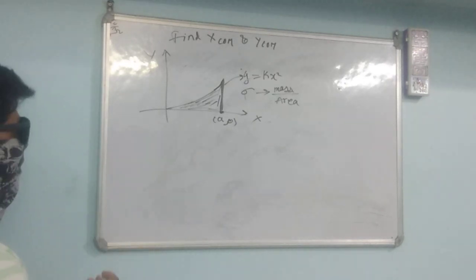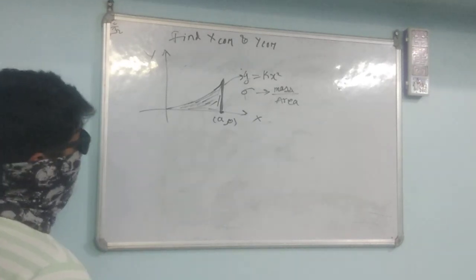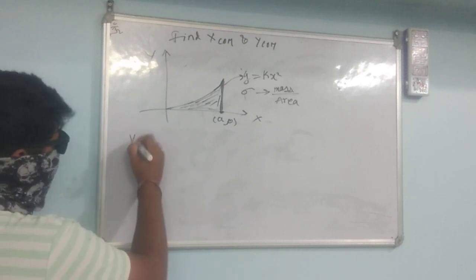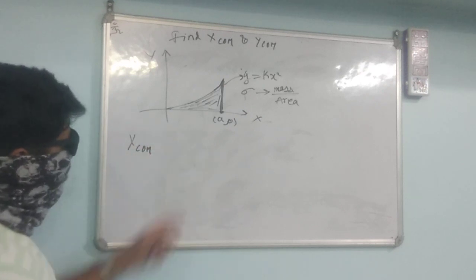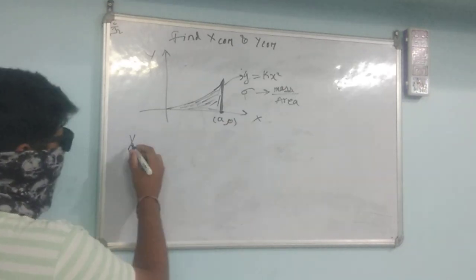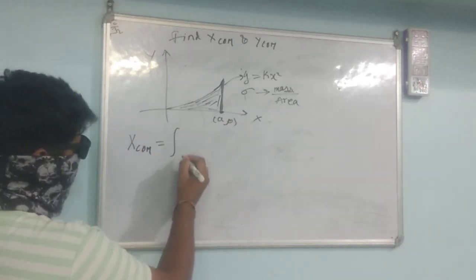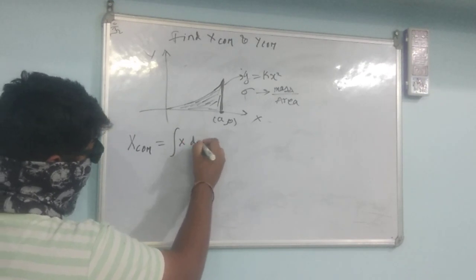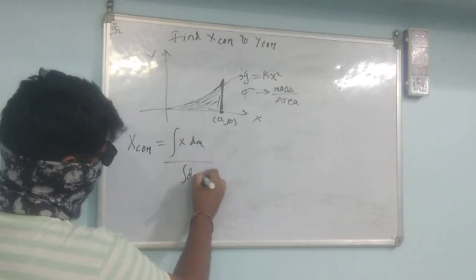So for this, first we know x center of mass. As we know here it is variable, so we have to use integration, and we know the formula for integration. It is integration x dm upon integration dm.